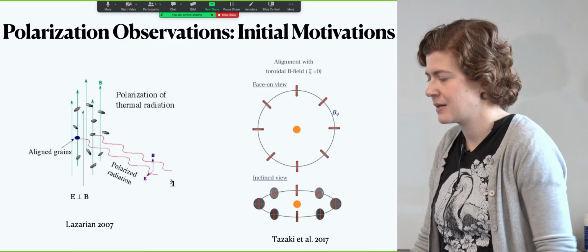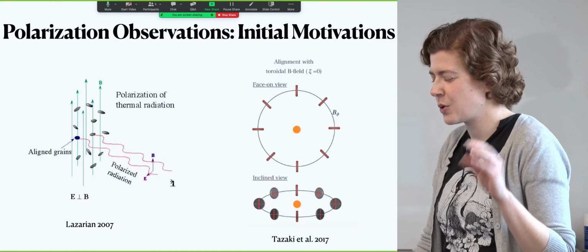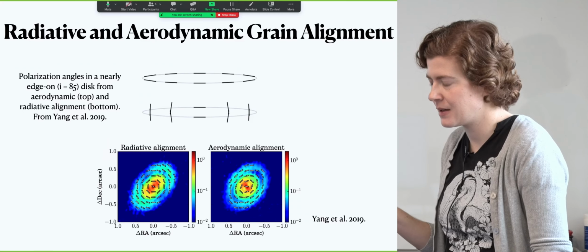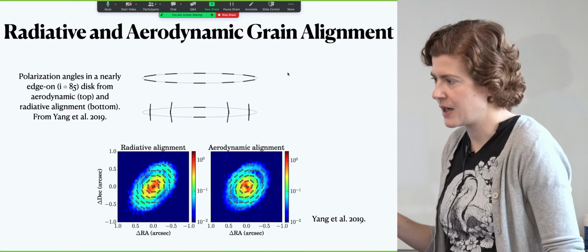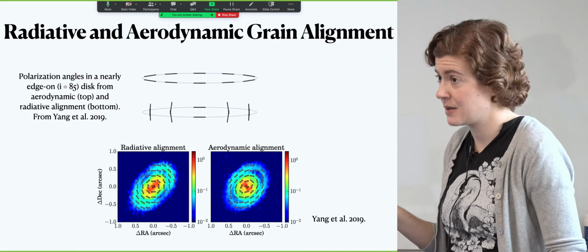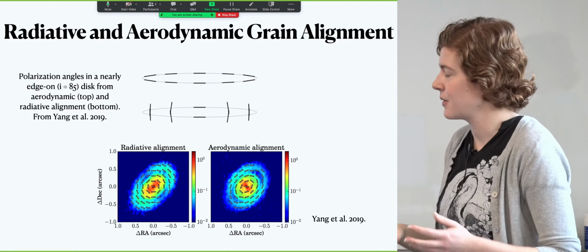Yes, the dust can spin, and as far as prolate versus oblate dust grains, I'll be honest, I always get the definitions mixed up, but I think that the radiative and aerodynamic alignment, one of them is considering grains that would basically be oblate, one of them is considering grains that would basically be prolate, at least in terms of the projected grain shape that you're going to see.